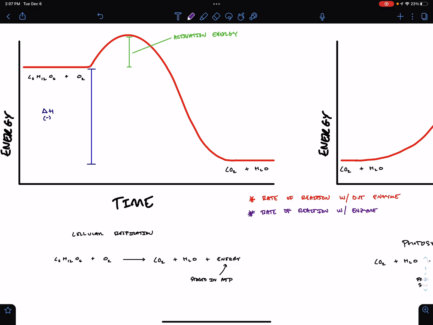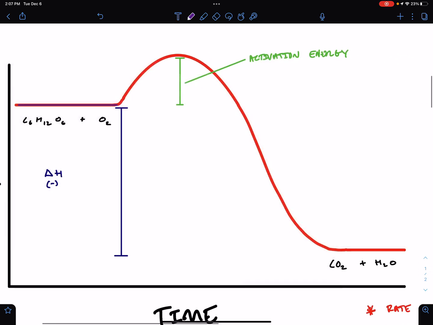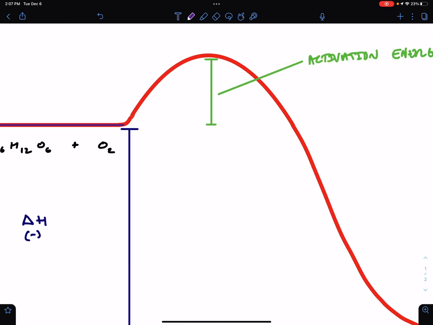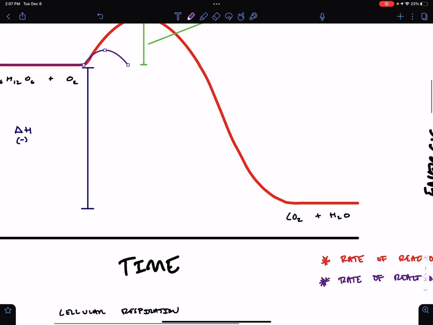Okay, and bear with me. This always is a little bit annoying because Notability always wants to autocorrect my lines. Okay, so an enzyme is going to lower the energy of activation like this. And as a result, it is going to speed up the rate of reaction.